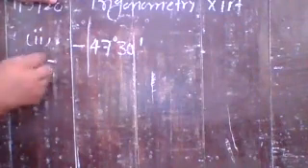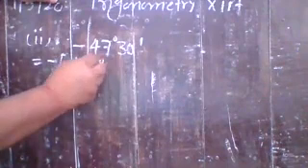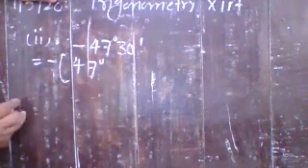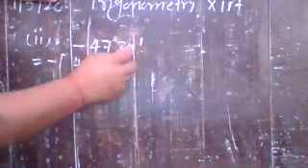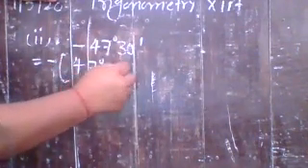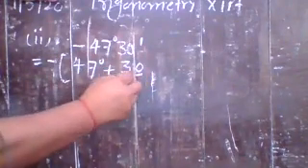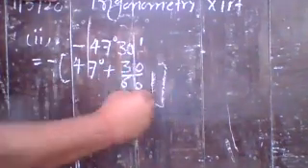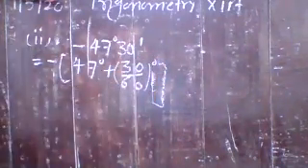Here the minus sign is there. For 47 degree there is no problem for degree measurement. So here you have 47 degree plus 30 minute, and 30 minutes can be converted into degrees by dividing it by 60, so it is converted into degrees also.